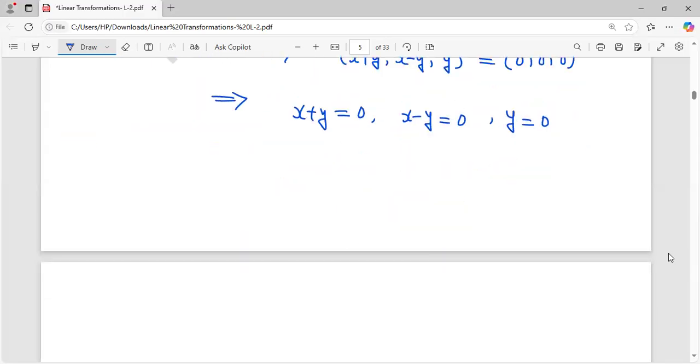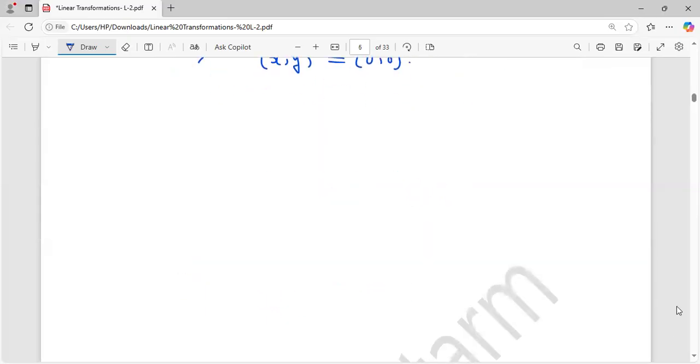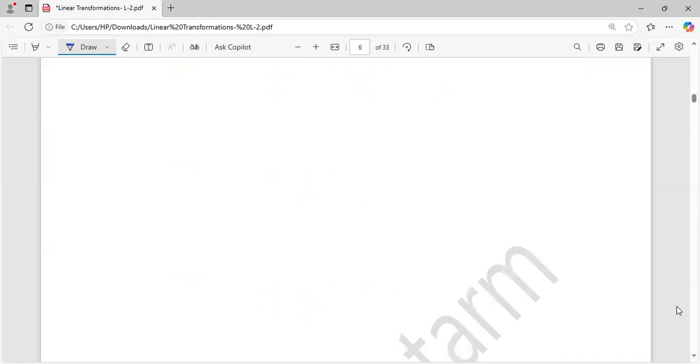So y is 0, and either by this way x is going to be 0, or you can use this one and x goes to 0. So this implies (x, y) is (0, 0). So the null space is {(0, 0)}.